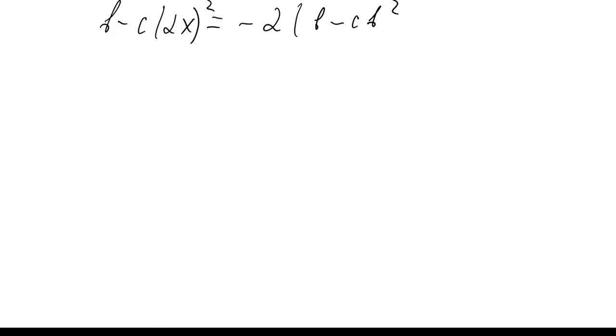So what we get is b minus c times alpha x squared should be equal to minus alpha times b minus c b squared plus 2 b c squared x squared.